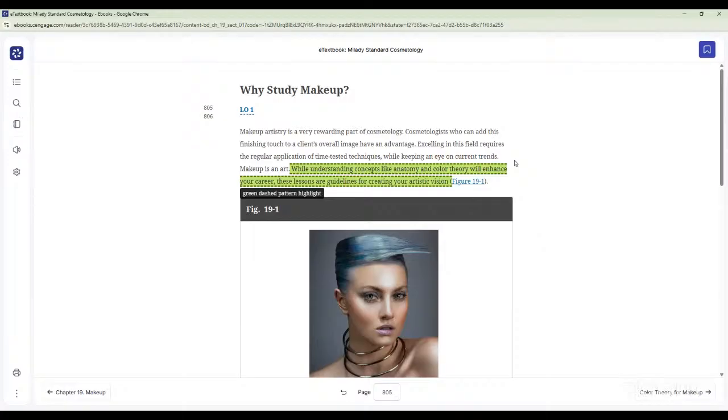We're talking about anatomy and physiology, but when we talk about anatomy and makeup, we're talking about facial structure, bone structure, facial shapes. We're talking about the eyes, the lips, the nose, the forehead, the cheekbones, the chin, the neck. We're talking about all those particular areas.